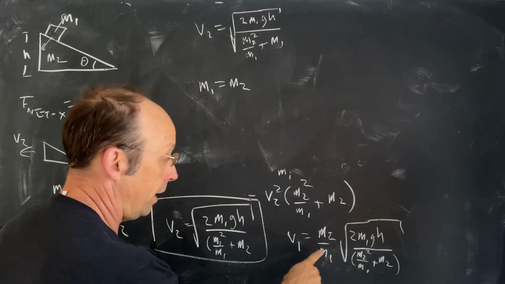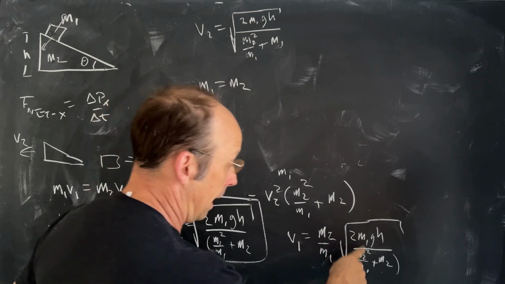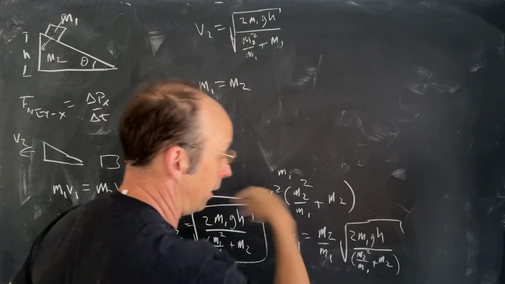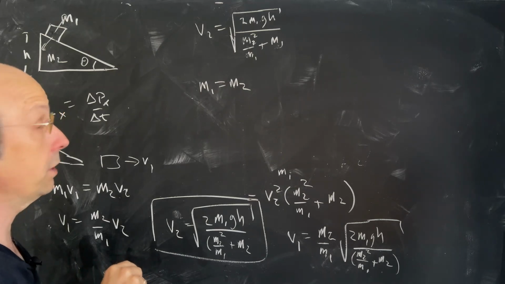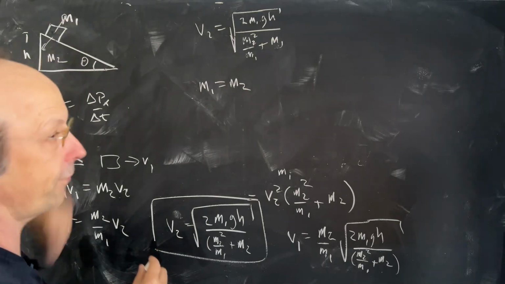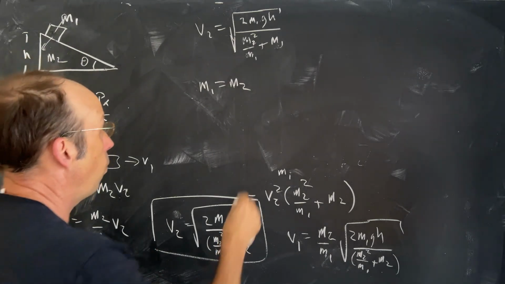And then for v1, the masses also cancel, and I get the exact same thing. So they're the same thing, which is half of the speed of an object that fell from that same height. Okay, so that's check.